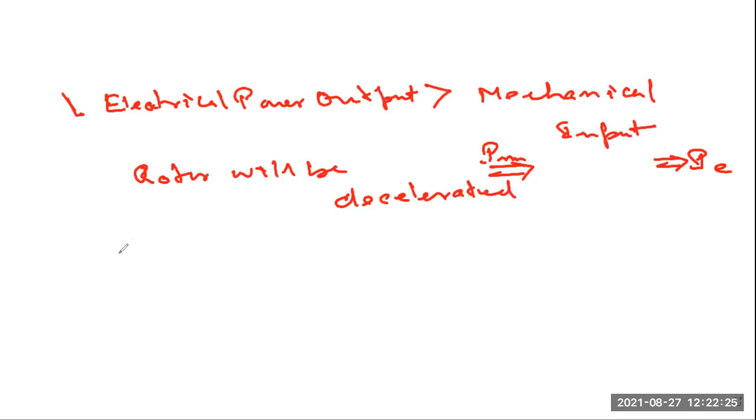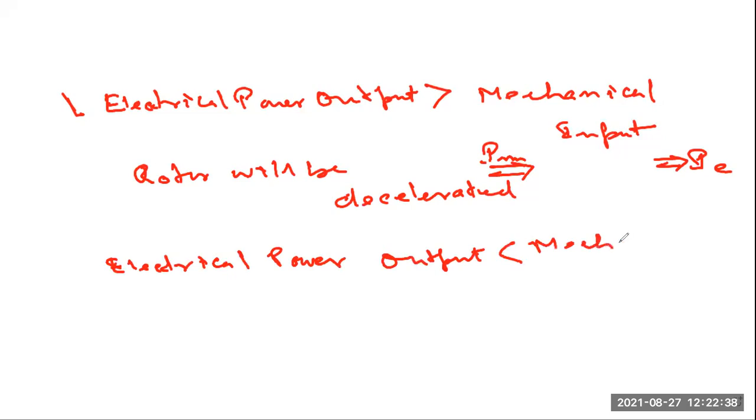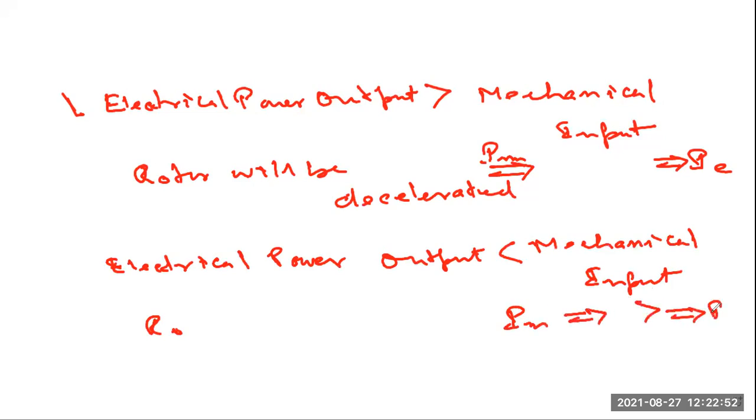Similarly, if the electrical power output is less than the mechanical input, then in this case you see this is your mechanical input, which is greater than your electrical output.